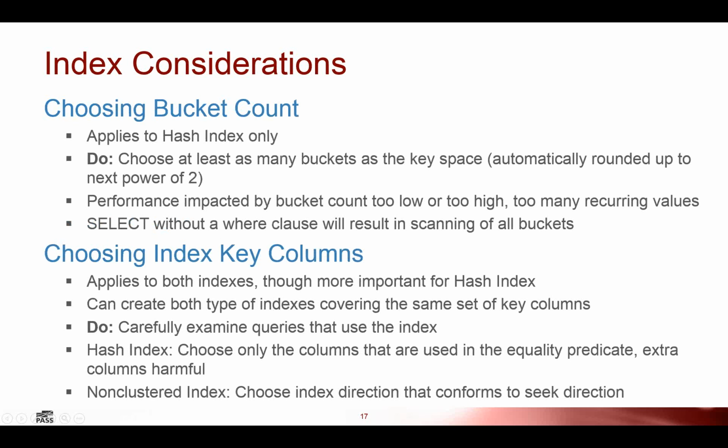This is a question that we hear very frequently from our internal and external users. What we recommend is you choose at least as many buckets as the key space, the key space being the number of unique values in the index rows. Usually this is going to be the row count.